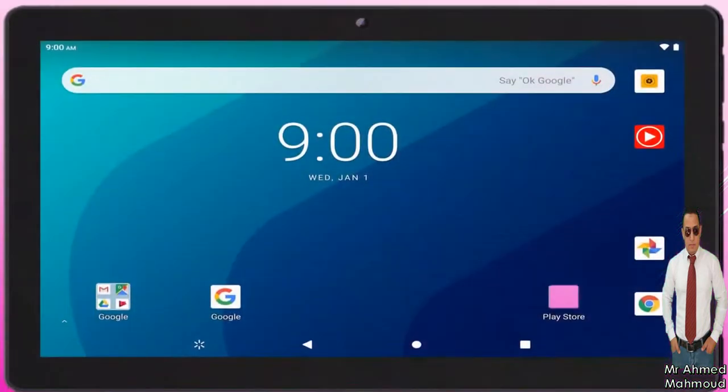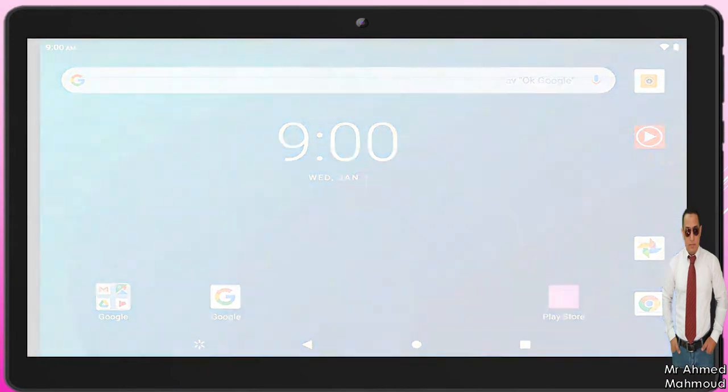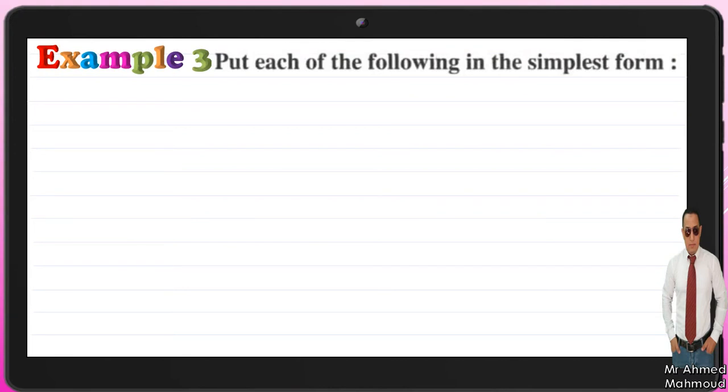Now let's solve the next question. Example 3. Put the following in the simplest form. Number 1, 3 plus 2i plus 2 minus 5i.